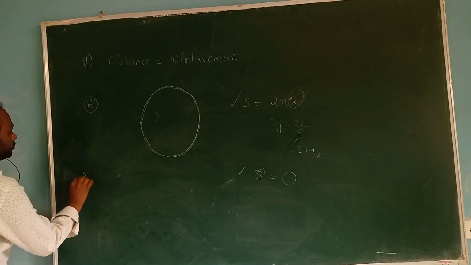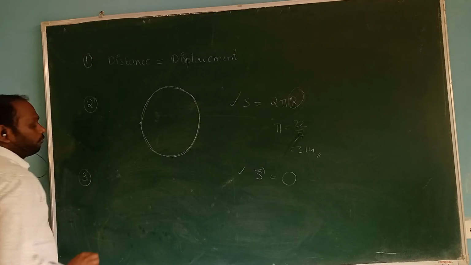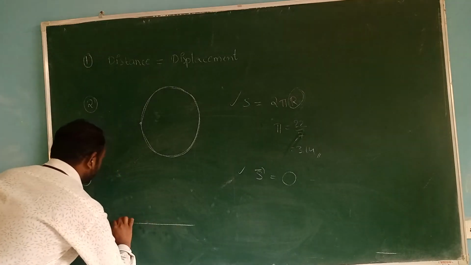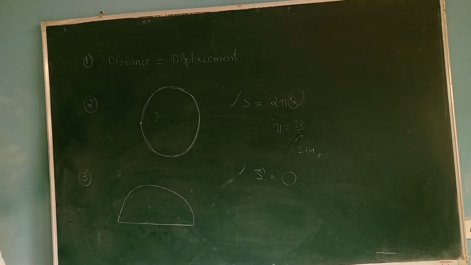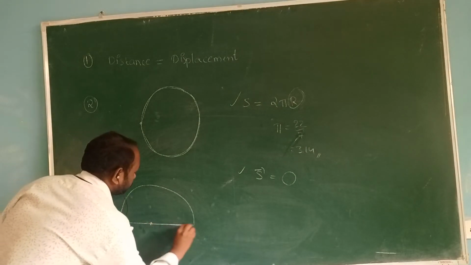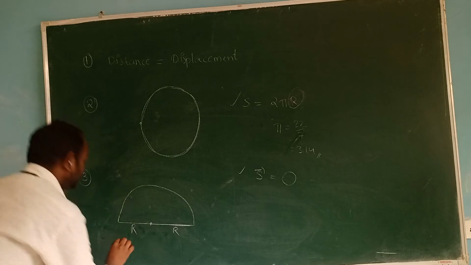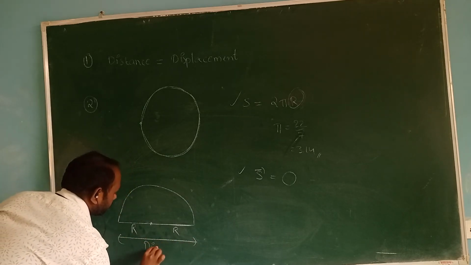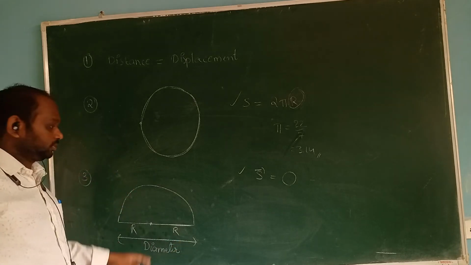Next, the third point. When a body is moving in a semicircle, what is the distance and what is the displacement? This is the radius of the circle, and this we call the diameter.